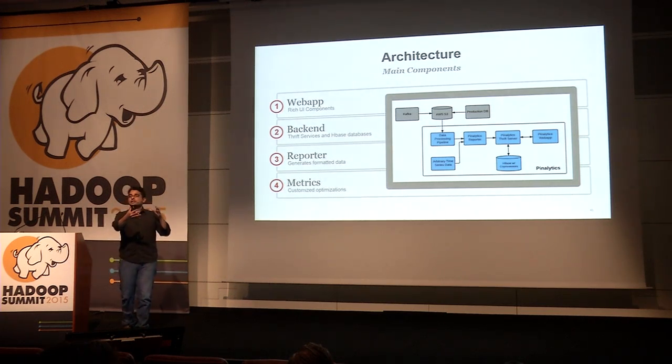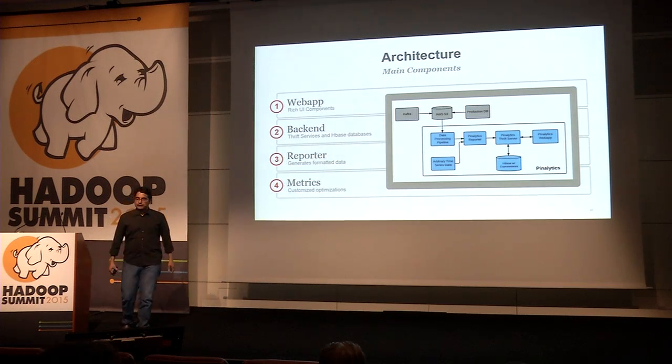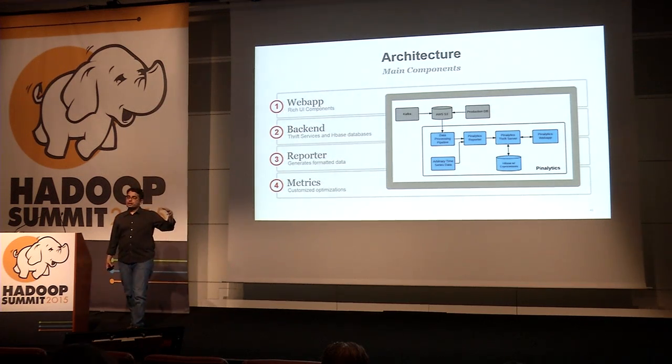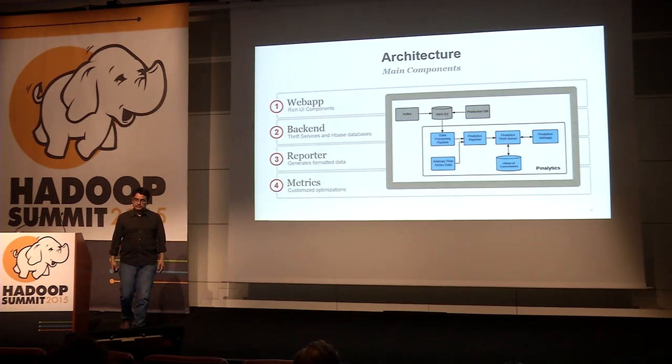I'll show you how easily they can create a Pinalytics report with Hive, which then gets persisted into a thrift service, which writes the report data into HBase, and there's a web app which acts as a front end to display the time series data.